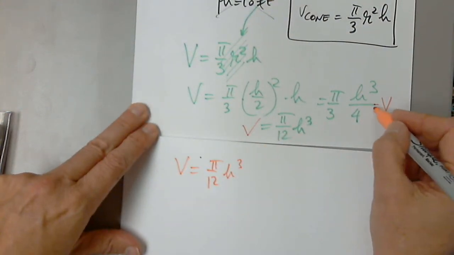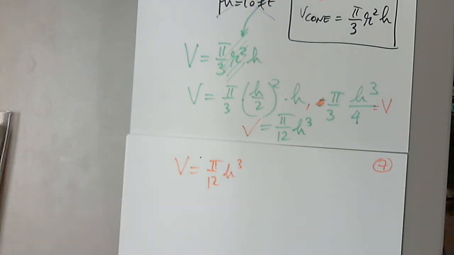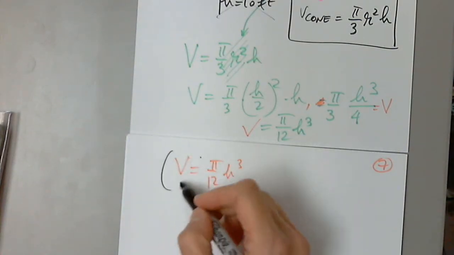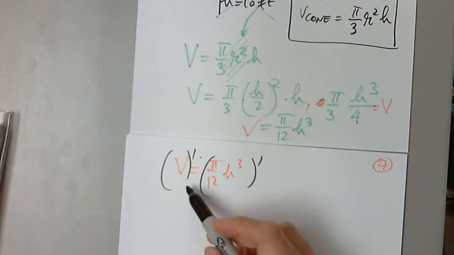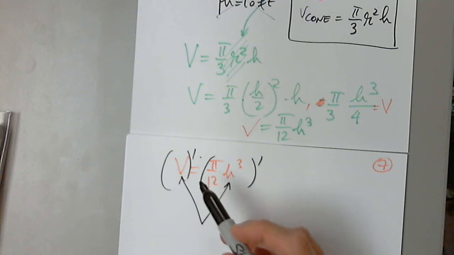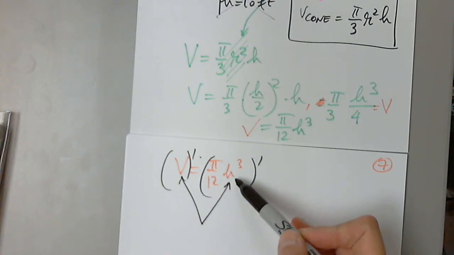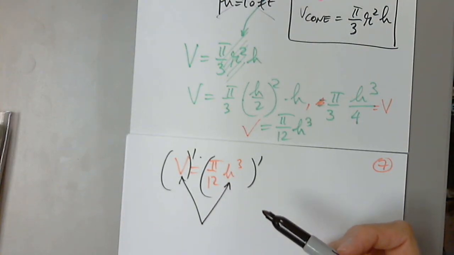Let me not write more than one equal symbol for each equation so that it's not confusing. What do we do next? Yes, of course. We are using implicit differentiation with the idea in mind that V as well as h are functions of time.